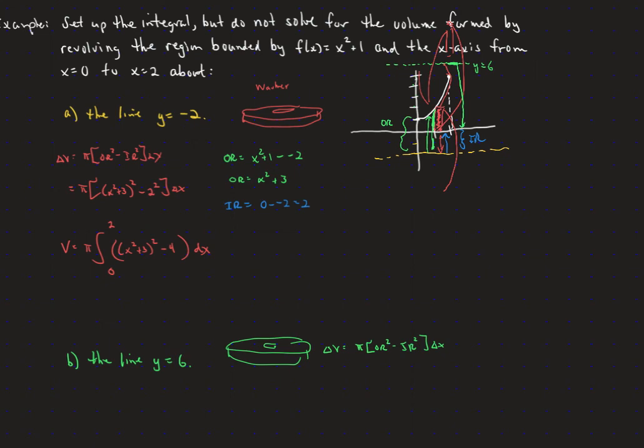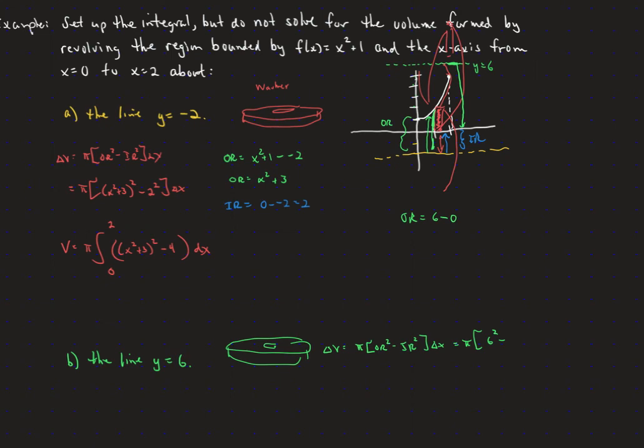So that outside radius, it's going to be top minus bottom, that's going to be 6 minus 0. So the outside radius is always going to be just that 6. So that means we're going to get pi times the outside radius squared.